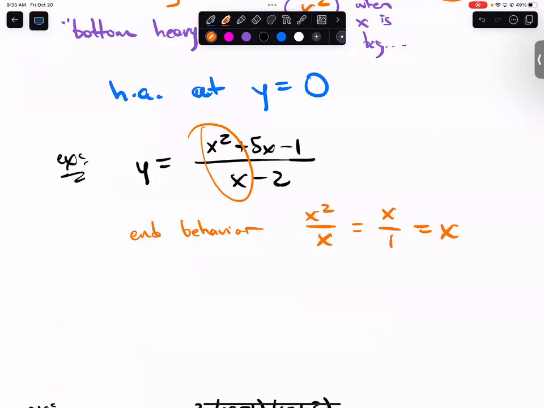If I let x go to infinity? If x is big, then x is big, right? Because it's the same thing.